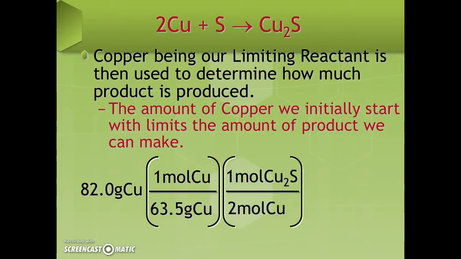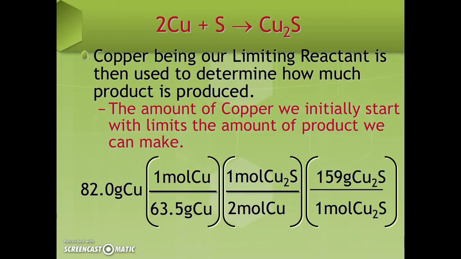Apply our new stoichiometry term, 2 moles of copper for 1 mole of copper sulfide. And then move ourselves into the mass domain by multiplying by the molar mass of copper sulfide. And the answer is that we should get 103 grams of copper sulfide.